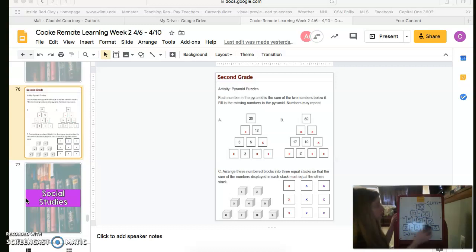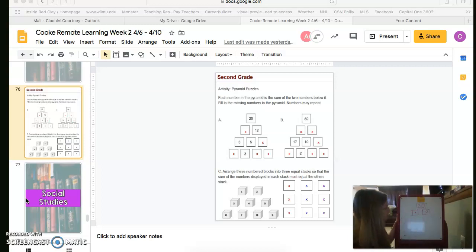So we're going to try that first one and do just some of them together. So I see it has 20 on the top. It has unknown, 12. Oops, let me scoot that over.